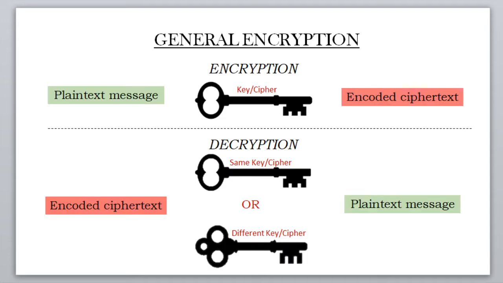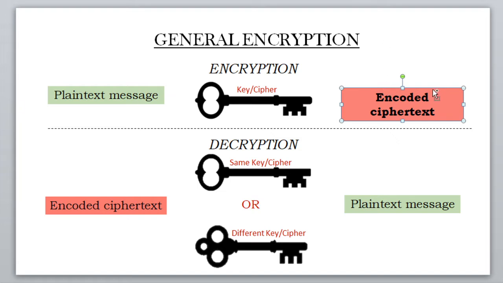So now that you know in simple terms what encryption is, we need to understand what exactly a key is and how it works. In cryptography, a key is used in combination with the message that you want to send in order to transform the message into the encoded text, and as such encrypt it.